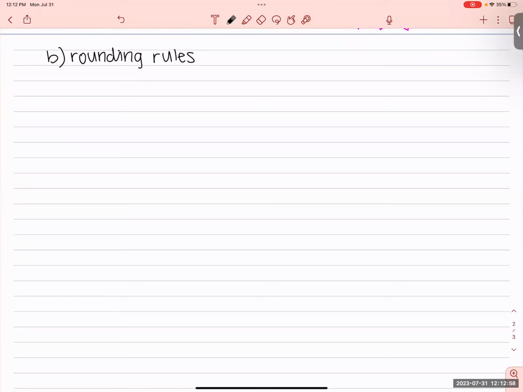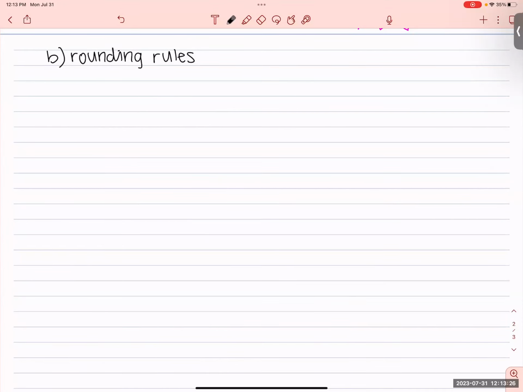You may have encountered rounding rules before that were more complicated with what to do with fives. Mathematically, the more complicated 5 rounding rule is correct, but we're just going to keep it very simple in this class. And if your instructor in a future class wants you to do something different, then of course adhere to the rule that they want you to have. But we're going to just use a simple rounding rule here.